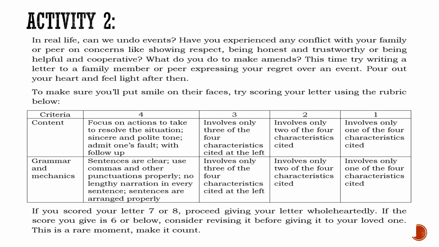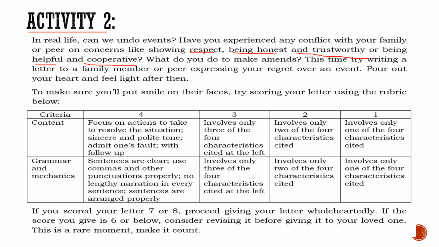So for activity number 2, it's an optional activity for you guys. If you don't want to deal with this one, then don't. It's optional. In real life, can we undo events? Definitely not. Have you experienced any conflict with your family, or fears and concerns, like showing respect, being honest and trustworthy, or being helpful and cooperative?